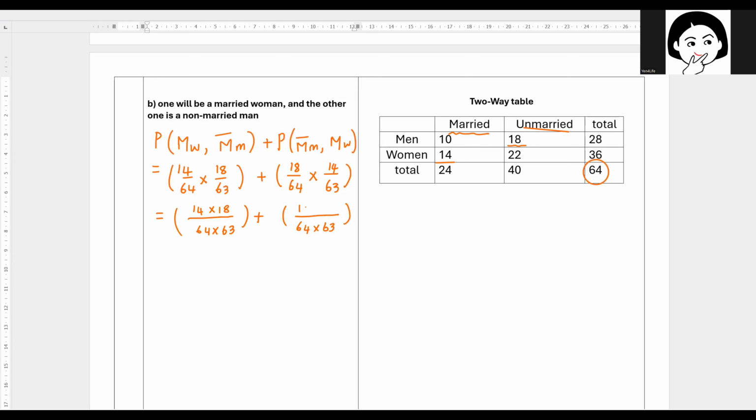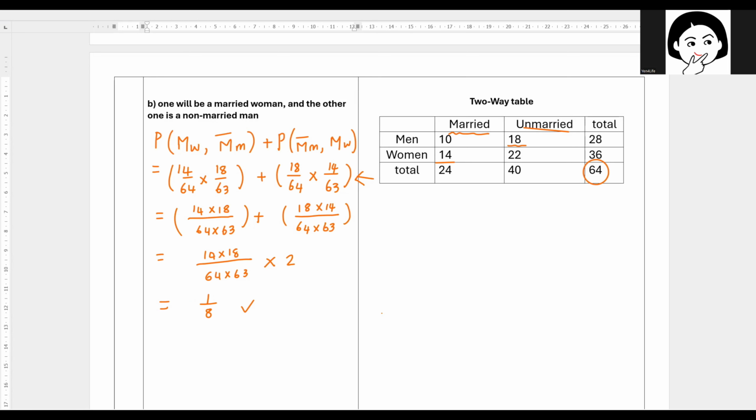And what I can do here is 64 times 63. I'll just double it. Then when you put that in your calculator, you will get 1/8 as my answer. Obviously, you don't have to do all this writing for working out. You can just put it in your calculator from here if you want.